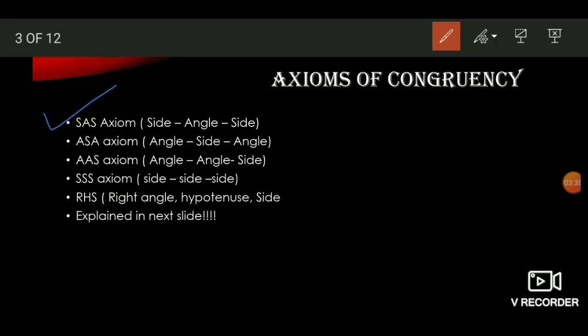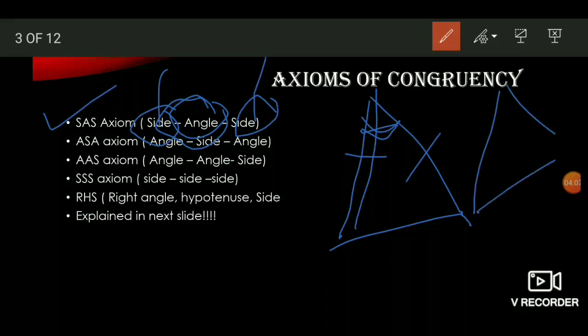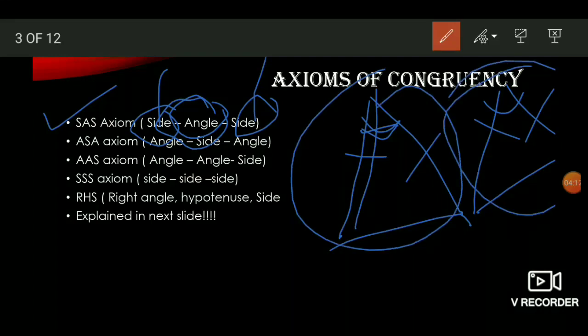We can understand by the name that this is a side, and this angle is the included angle between these two sides. Suppose this is a side of a triangle and this is a side of the triangle. If this side and this angle are equal to this side and this angle of another triangle, then these two triangles can be said to be congruent.